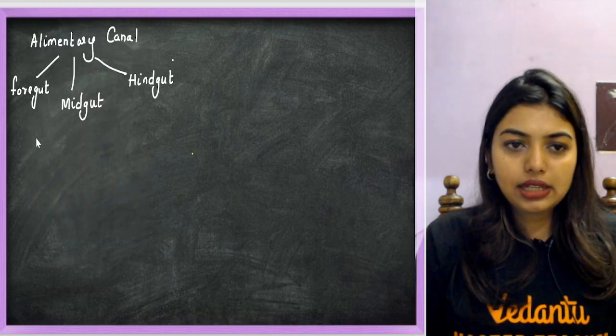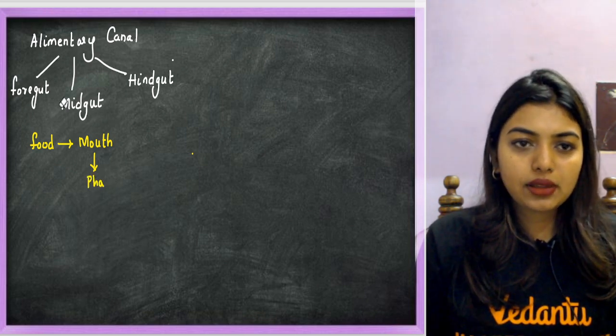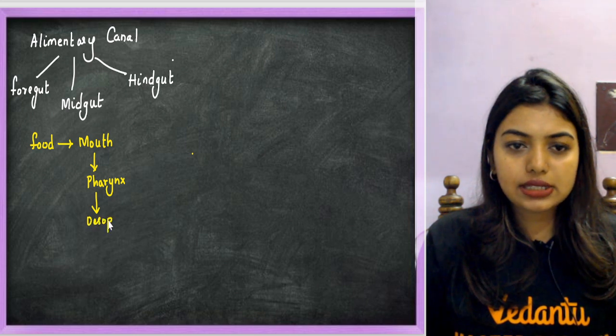The food has entered through the mouth. From the mouth it has gone into the pharynx. From the pharynx it has opened into a tube-like structure called the esophagus.